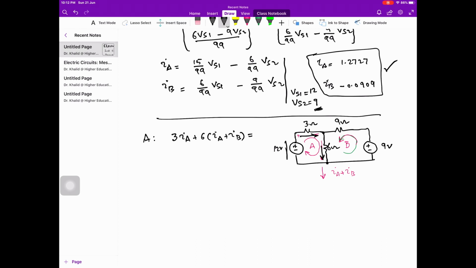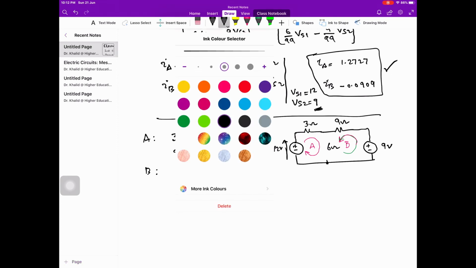Over here this is a voltage rise, so we write it on the right hand side, and we can write this equation as 9 IA plus 6 IB is equal to VS1, and this is our equation 1. Now write the equation for mesh B.